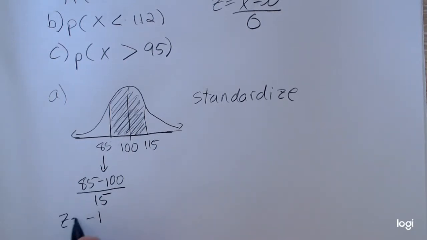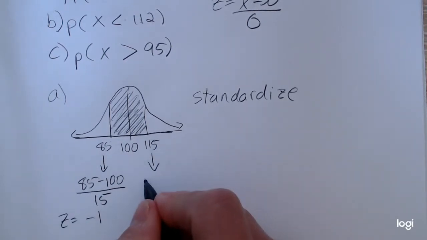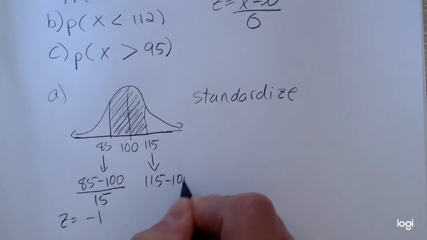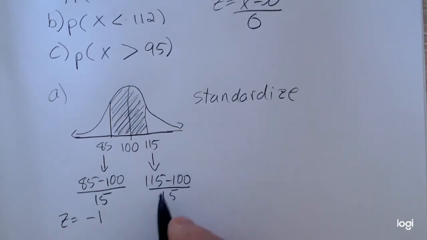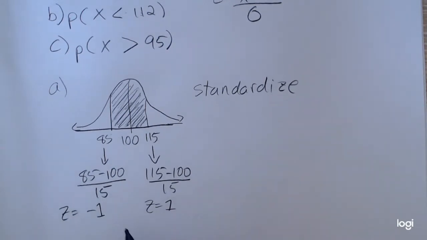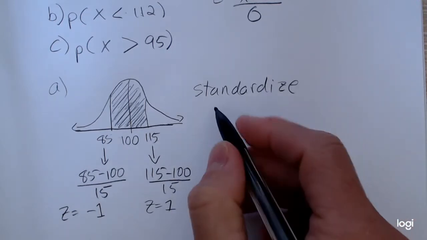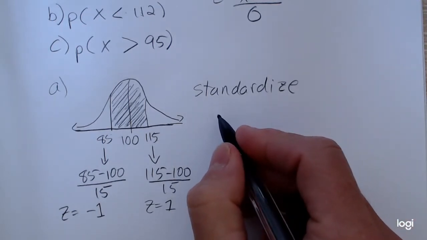That would be your z-score. Doing the same operation here, we would get z is +1. So we're one standard deviation below and above the mean. You could standardize and use your z-table, but I'm going to go ahead and use the TI-84.